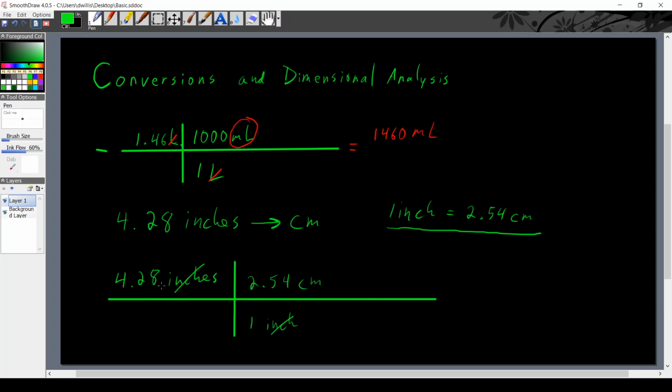And then I would take 4.28, multiply by 2.54, and centimeters are my remaining unit. So that would give me my number of centimeters. All right, so just basic and straightforward, very similar to what we did yesterday, and just a little bit of quick review.